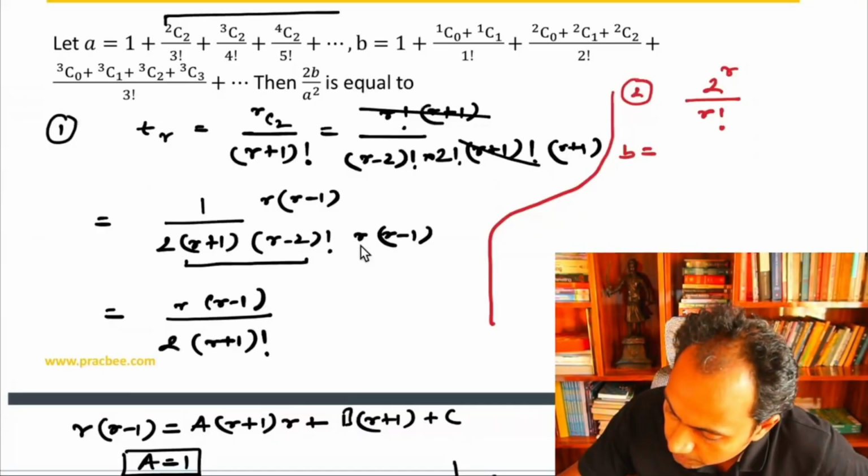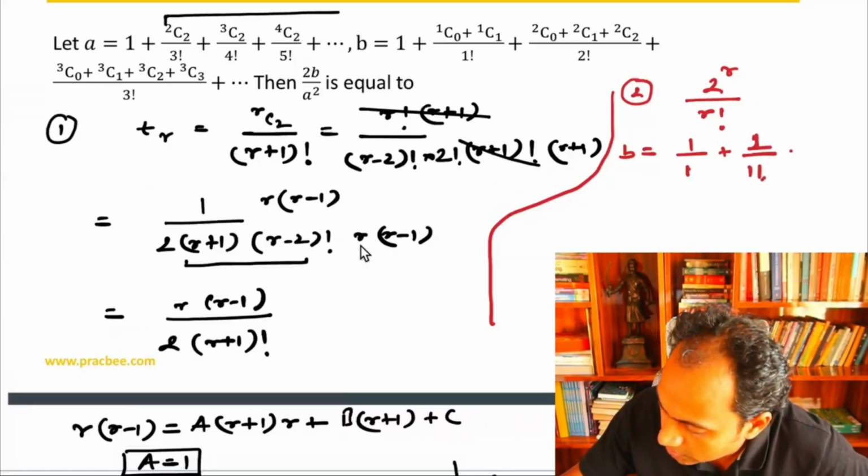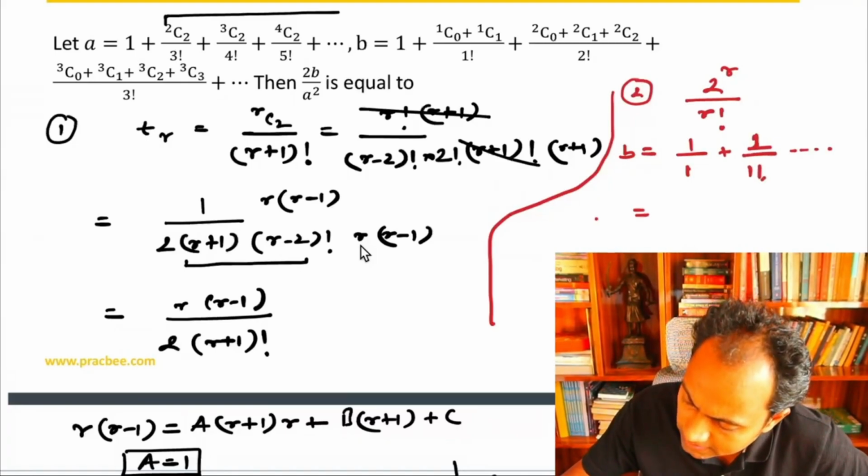The first term, the value of R will be equal to 0. So, it is 1 factorial. If I put R is equal to 0, the next part will become 2 by 1 factorial, so on and so forth. So, you can see that this is the same thing as the e raised to the power x series.